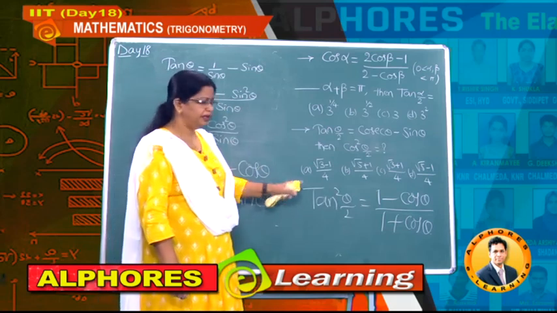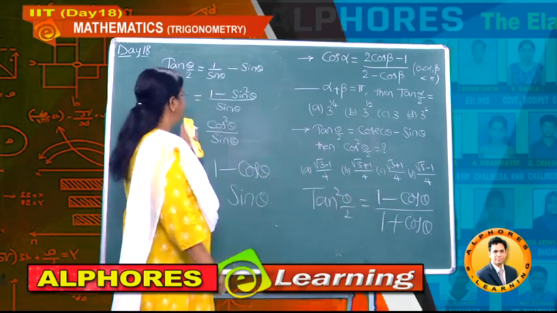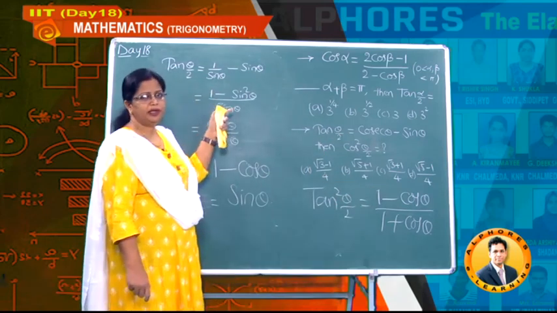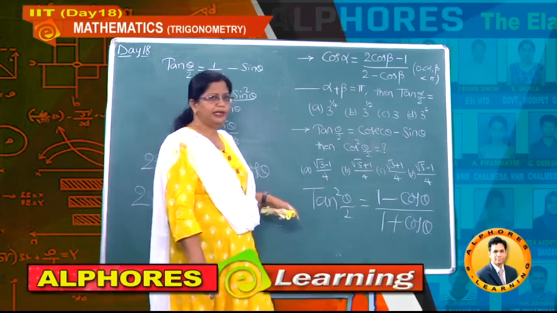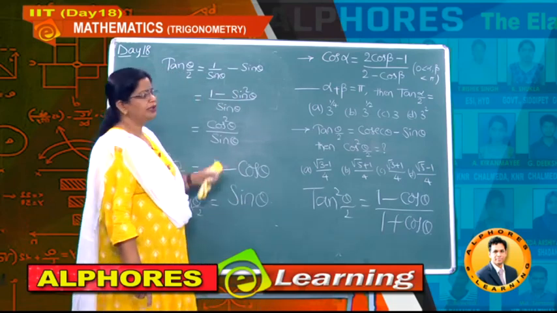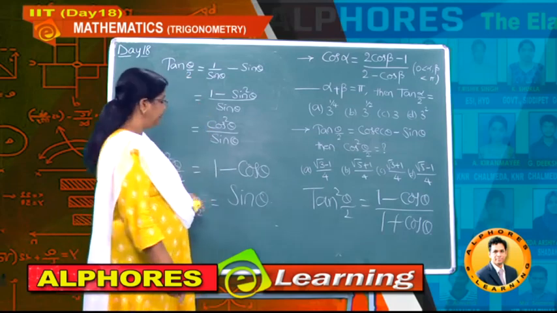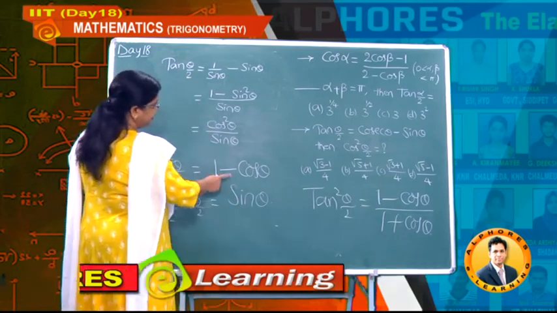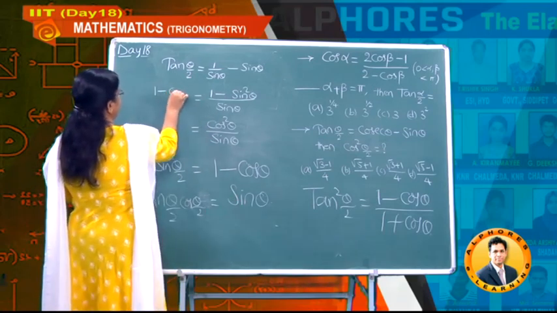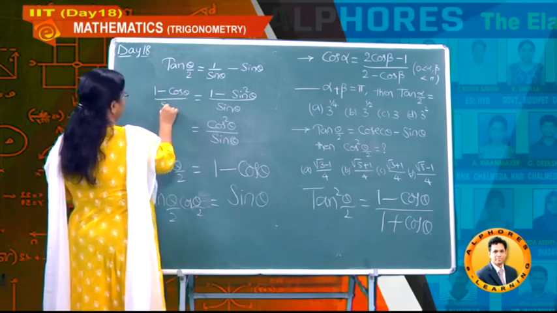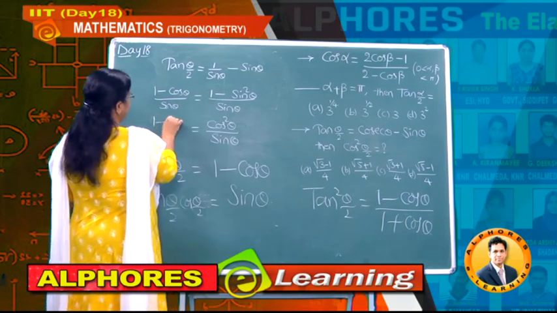If I want to make use of this formula, I will get plus or minus under root on this side. Again we would need to square, and the problem will become complicated. Instead, whenever you have tan theta by 2 alone without any power such as square, just make use of the formula 1 minus cos theta by sin theta, which is very easy, so that there is no ambiguity about which sign, plus or minus, you need to take.